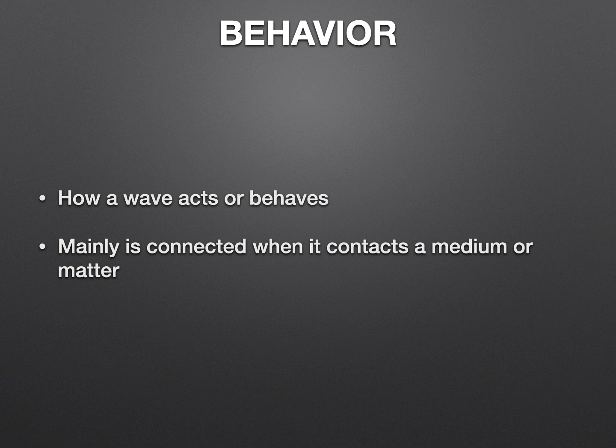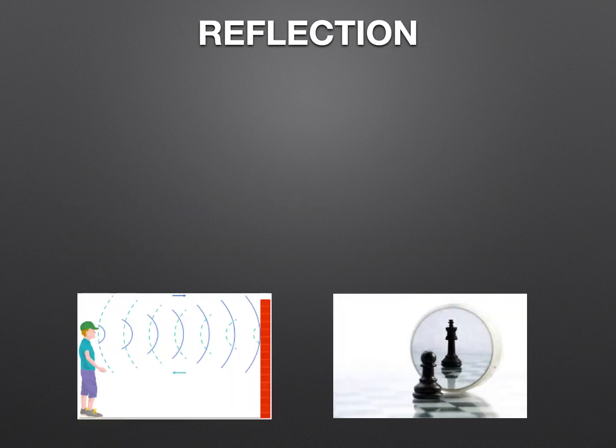So how do waves act when they come into different mediums? That's what this first section will be all about, how waves do different things when they come in contact with different mediums.